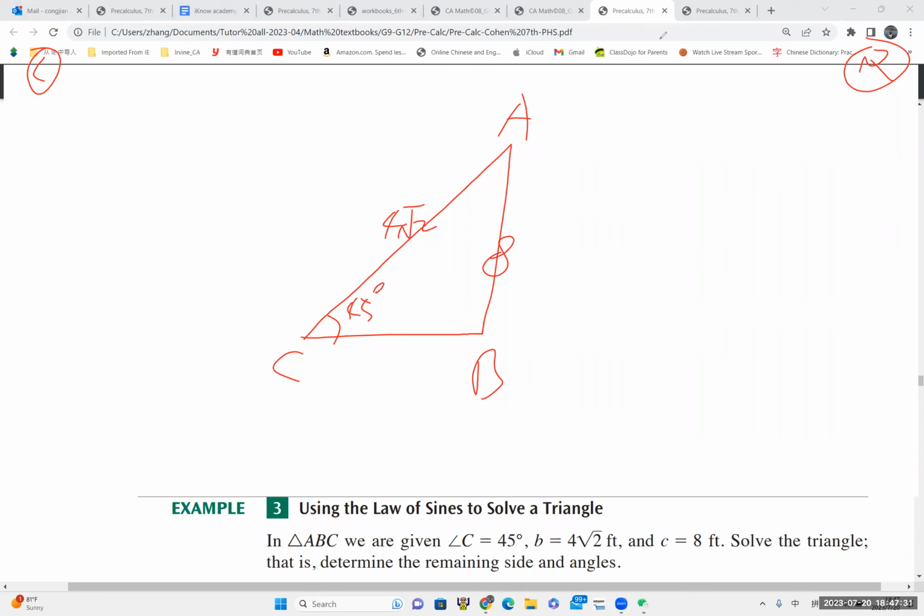We're finding all the other sides, right? Okay, so you just need to find the angle B. You don't need to find all these things, to save time.